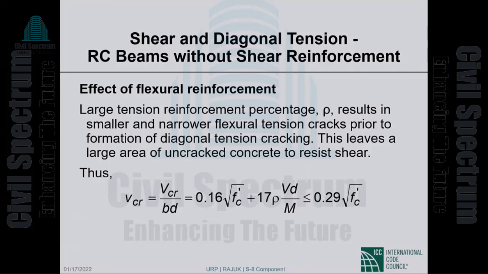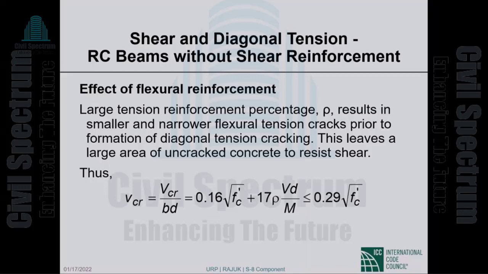A large tension reinforcement percentage rho results in smaller and narrower flexural tension cracks prior to formation of diagonal tension cracking. That is common sense, right?